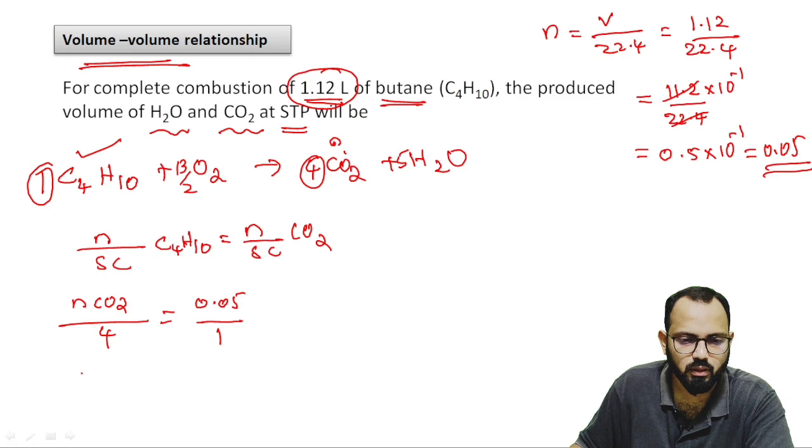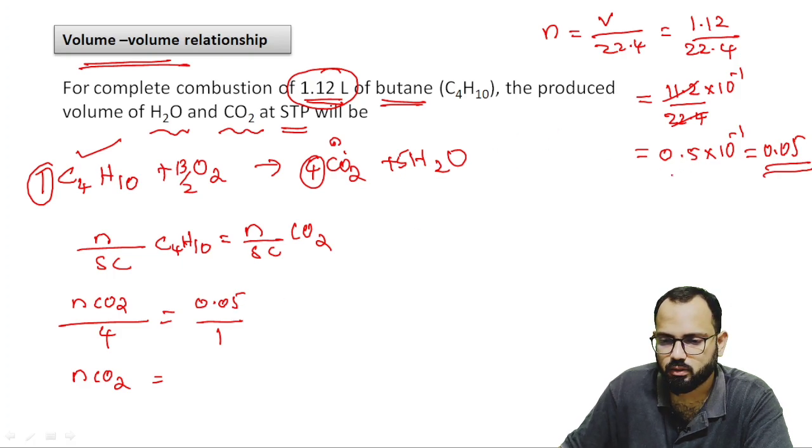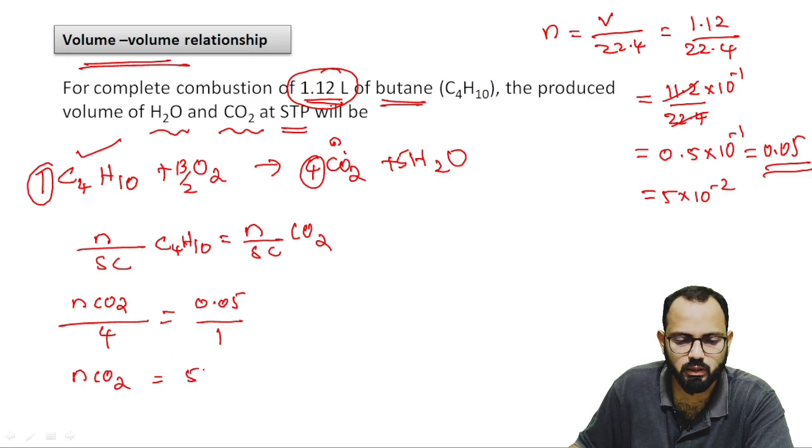What I needed is the volume of CO2. So n of CO2 is equal to 4 into 5. That's 4 into 5 is 20, right? I can write it as 5 into 10 power minus 2 into 4, which is 20 into 10 power minus 2.